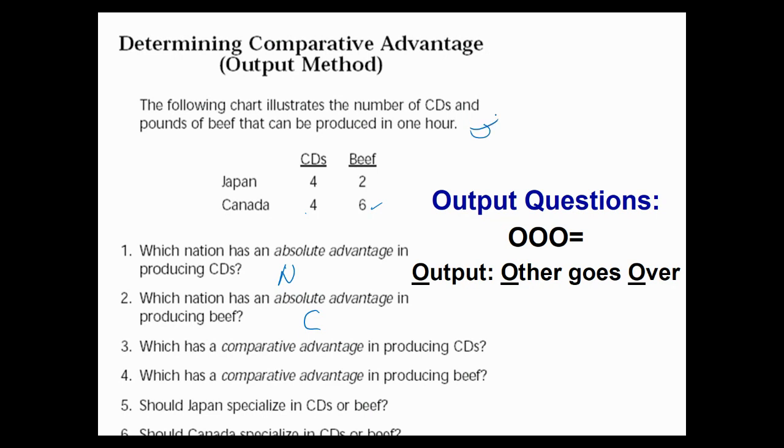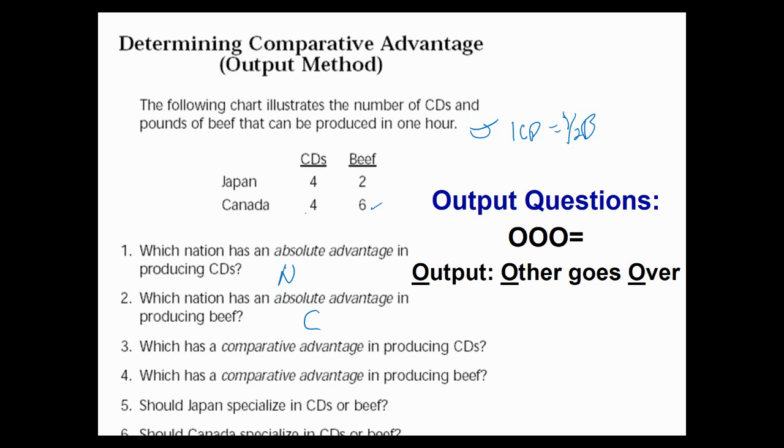For Japan to produce one CD, we do output, other, over. So to make 1 CD, we're going to do other, over: 2/4. To make 1 CD, it costs us a half of beef. 2/4 is 1/2.